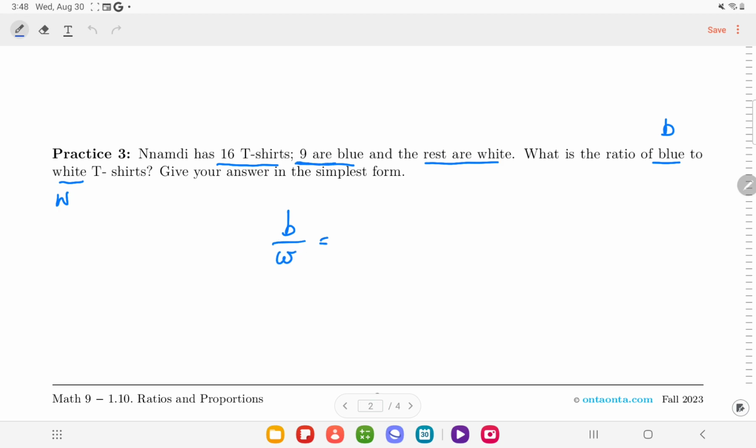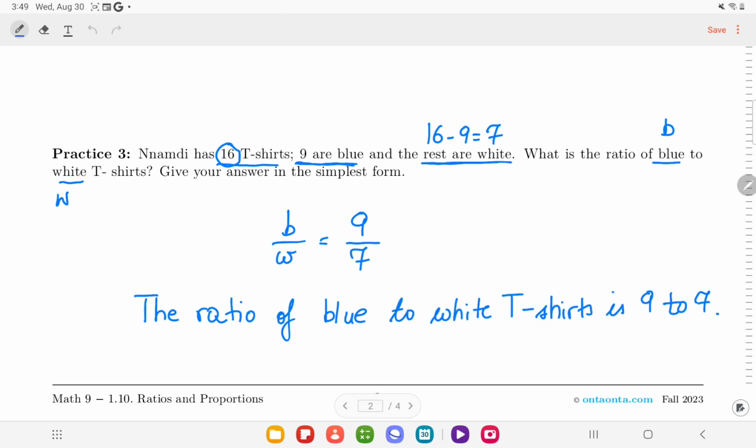We know that we have 9 blue t-shirts and the rest are white. If in total we have 16 t-shirts, 16 minus 9 is 7. So we have 7 white t-shirts. The ratio of blue to white t-shirts is 9 to 7.